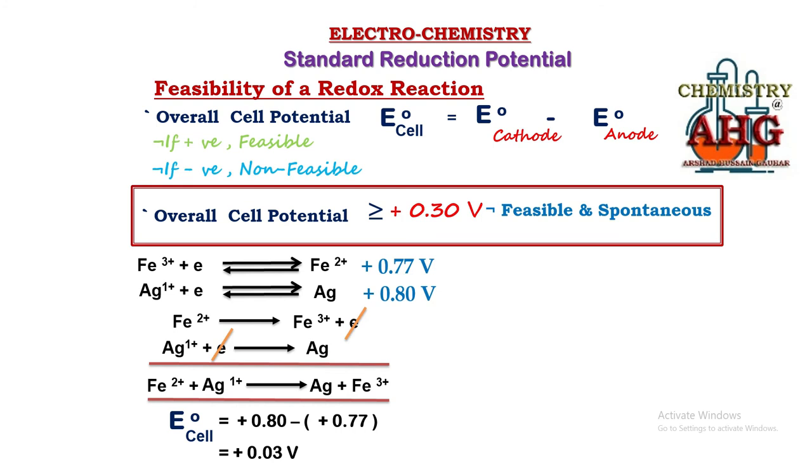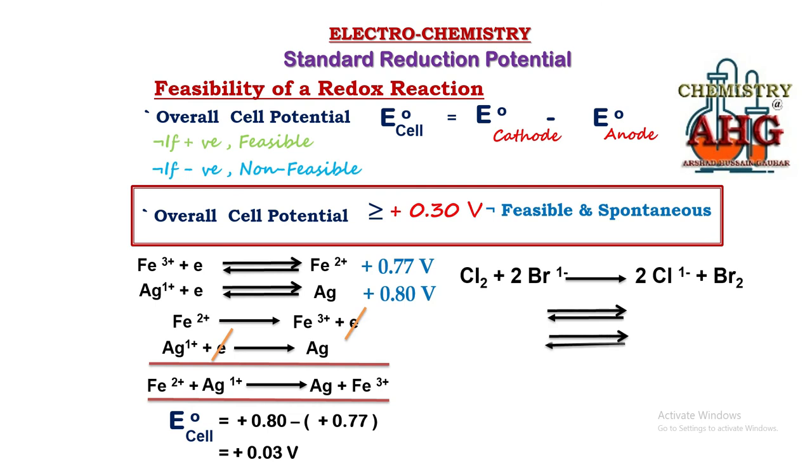Okay, another type of question, you can also decide about the feasibility of a redox reaction like this. If you have been given a reaction and it is asked whether this reaction is feasible or not, how can you decide? You will have to take the equations for each half cell. One half cell in this case is that of chlorine, and the other half cell is that of bromine.